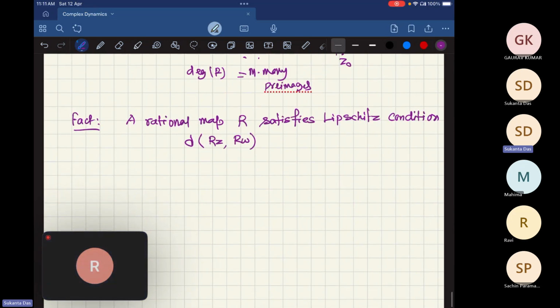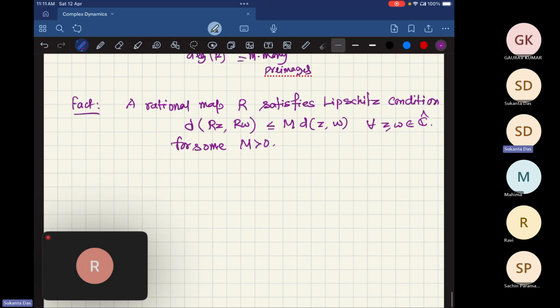So this means that you will always have some positive constant m for which this inequality holds for all z and w in C hat, for some m greater than 0.